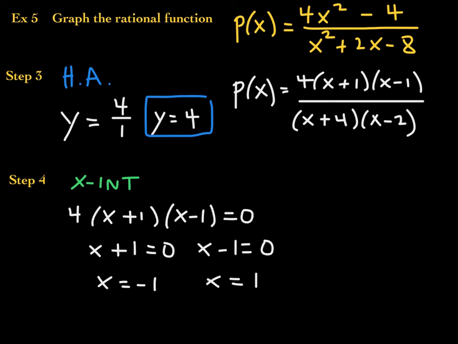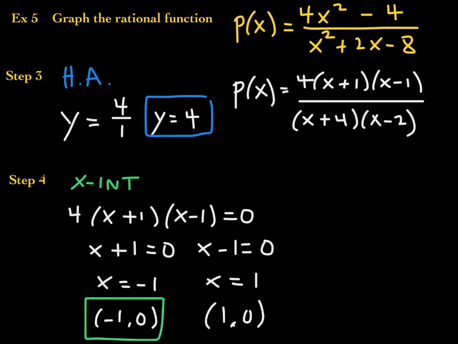We won't set that equal to 0, but we will set these other two equal to 0. And notice that you have two x-intercepts, (-1, 0) and (1, 0). All right, so then 2 x-intercepts. Now let's find the y-intercept. The y-intercept can always be found by substituting in 0 for x.